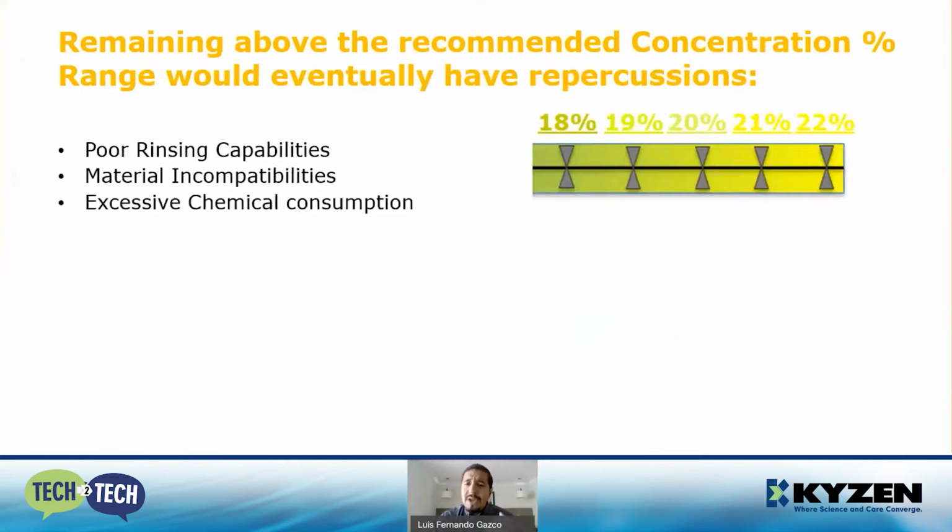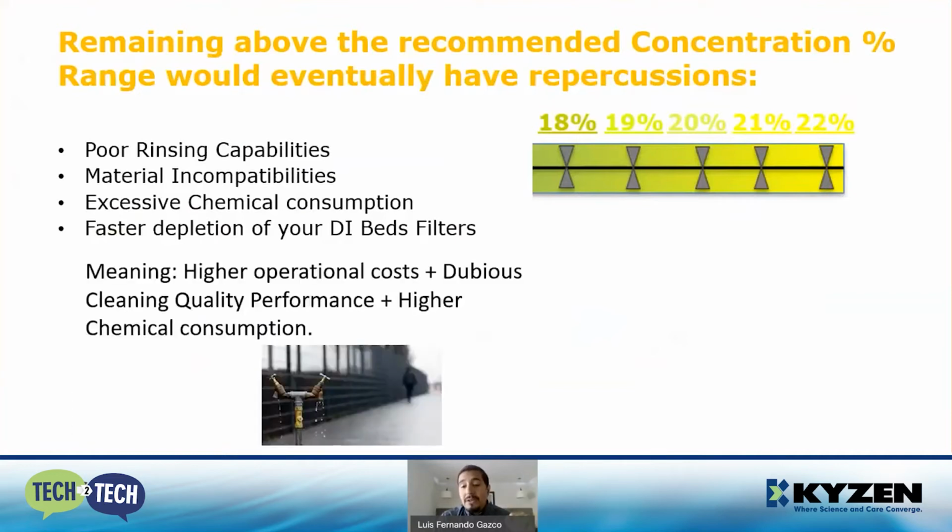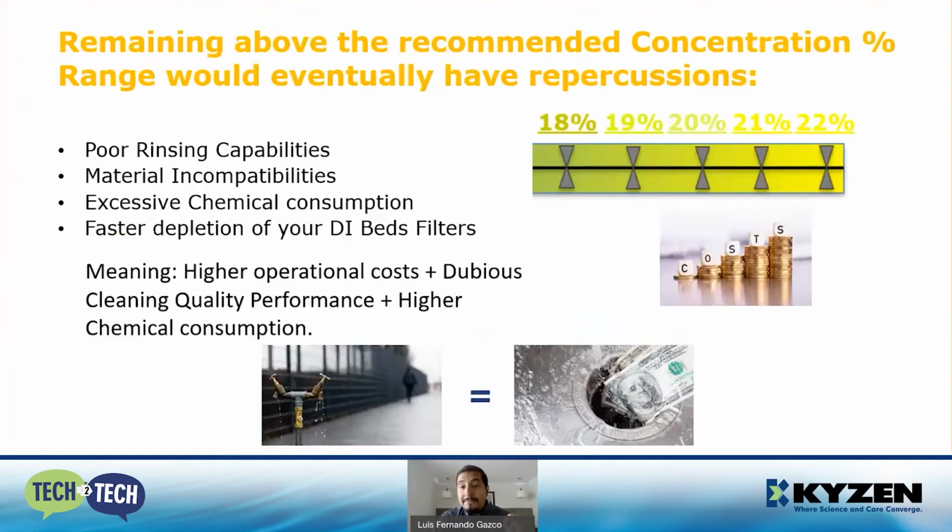Chemical excess would eventually contaminate your rinse tank at a faster rate than expected, which will increase your consumption of DI water, resulting in a depletion of your DI beds, especially if you are recirculating your rinse, which is a very common practice in this type of process. Higher chemical consumption will impact your overall process costs no matter what.